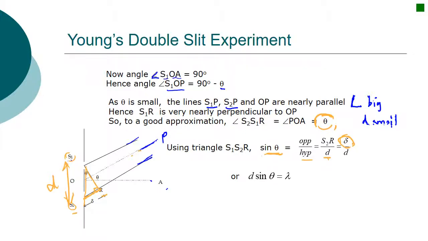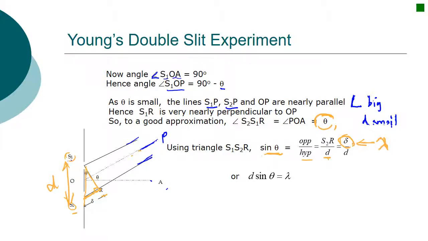So once we have that, we've got sine of theta is equal to the path difference divided by d. We know we're talking about a maximum, so our path difference is going to be 1 wavelength, because we're at a maximum.